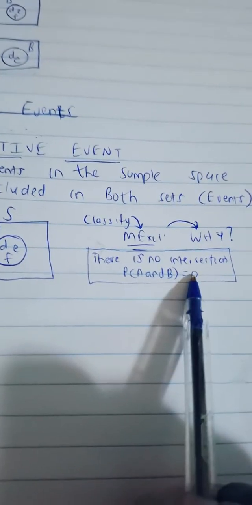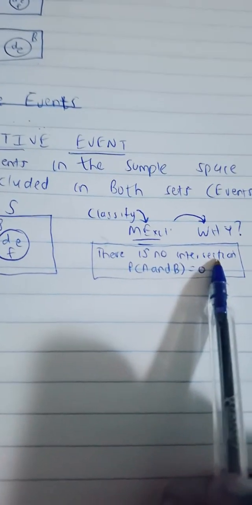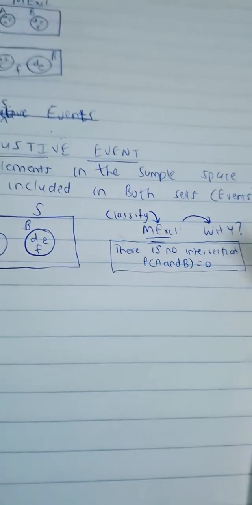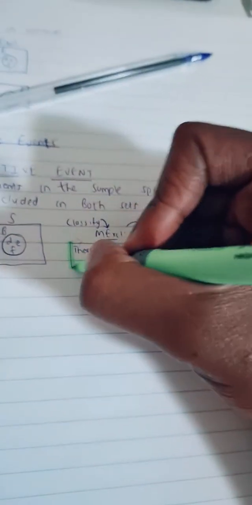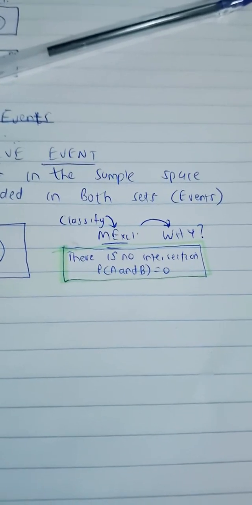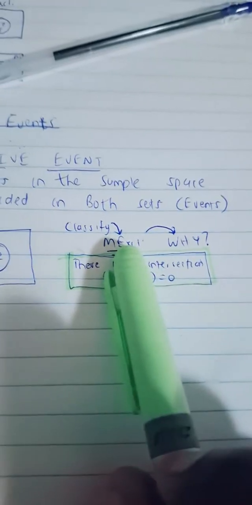But when they ask for the reason, there is no intersection, but you further underscore it by saying the probability of A and B is equal to 0. There is power there. Too much power. So that's why we say it's mutually exclusive.